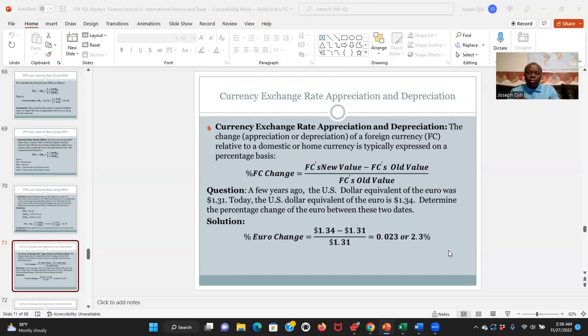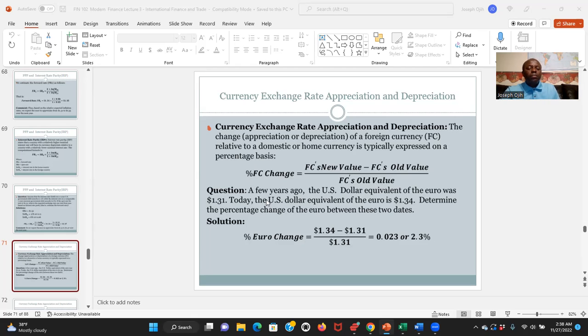In other words, the change of a foreign currency relative to the domestic or home currency we usually calculate using percentages. The formula we use is the percentage change for foreign currency, which is foreign currency new value minus foreign currency old value, divided by foreign currency old value.